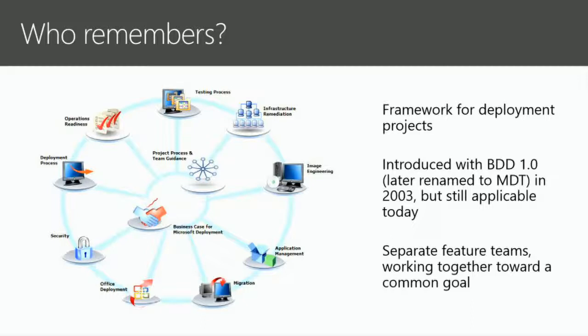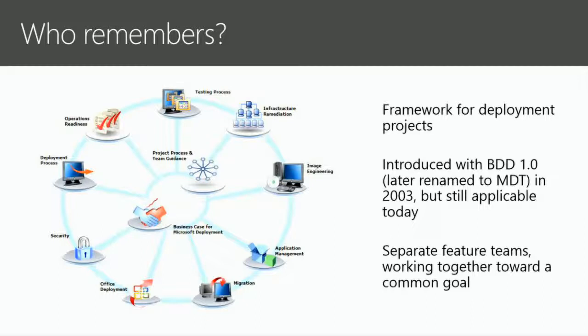Not a fun process. Your job is to create an image, deploy an image, package the apps, deploy the apps, set up the infrastructure, do all of this. But for larger organizations, this becomes a team effort, a group of teams working together to achieve a common goal. And this is how we broke that project down in the BDD wheel, as we called it, in 2003.